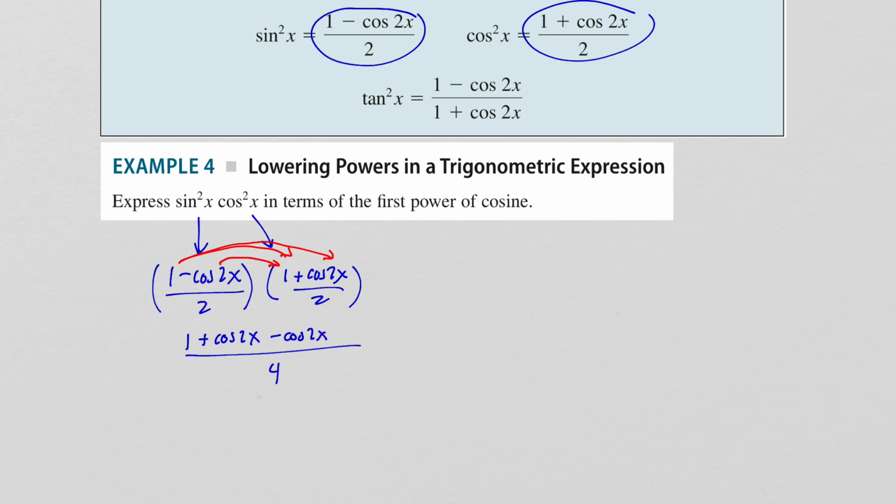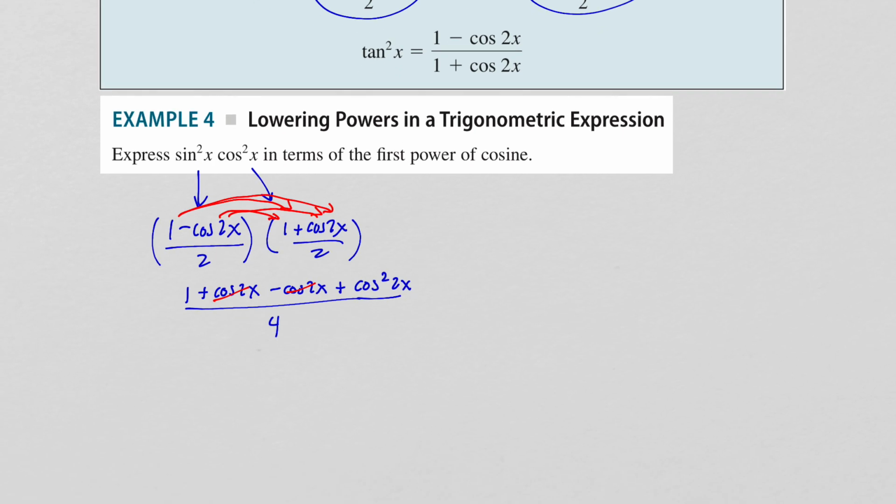And then finally, negative cosine times cosine is going to be negative cosine squared of 2x. And so these cancel, and we end up with 1 minus cosine squared of 2x all over 4. Now we can rewrite this as 1/4 times 1 minus cosine squared of 2x.